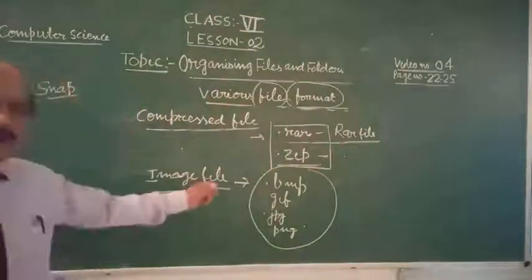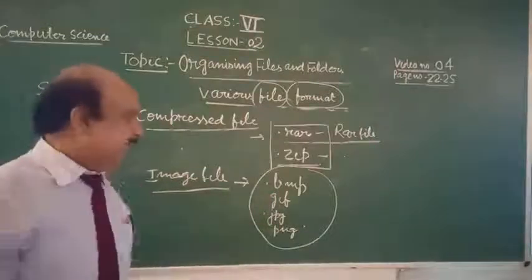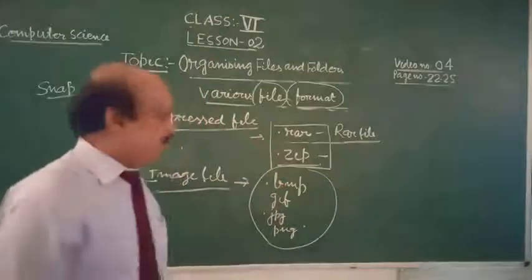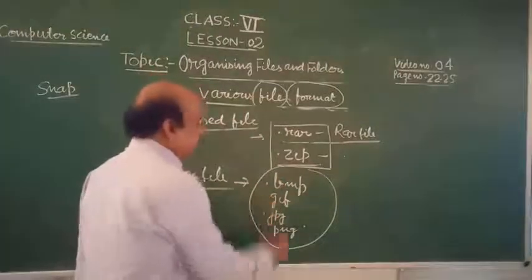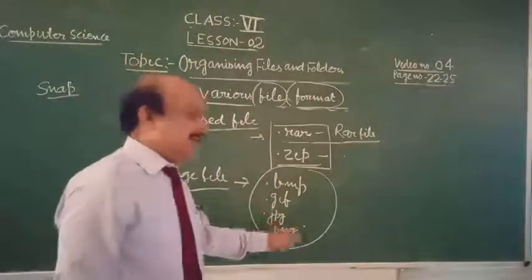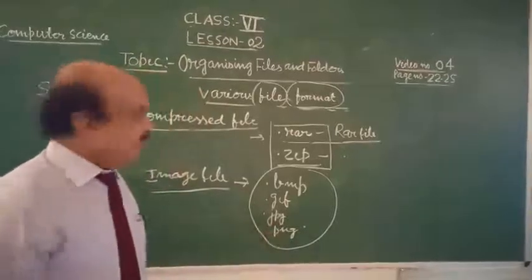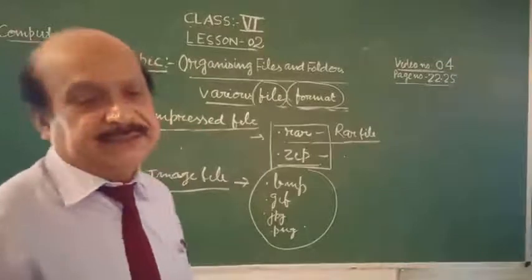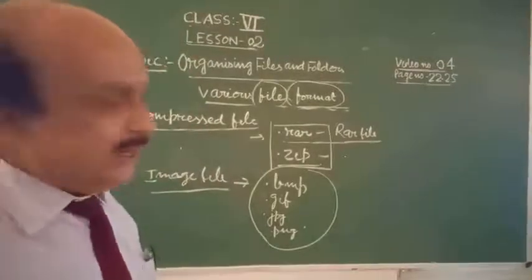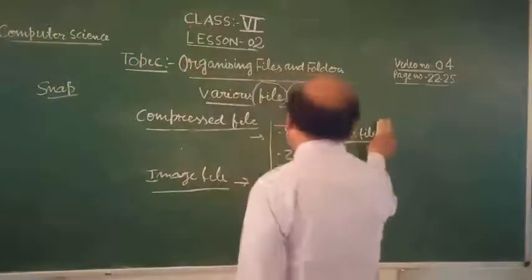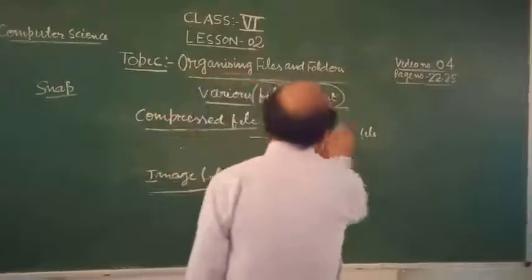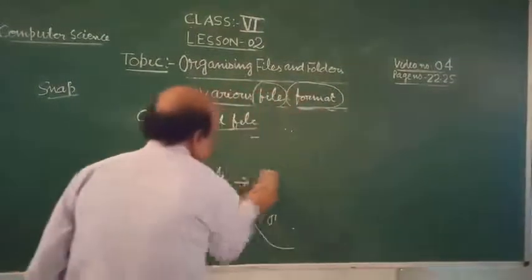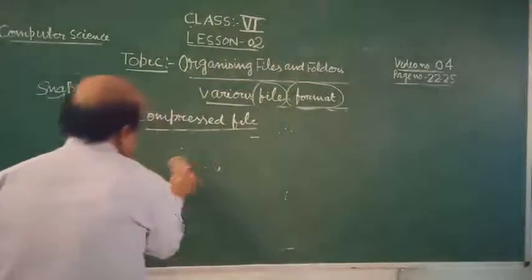So in any file, if you find the extension is .bmp or .gif or .jpg or .png, you can say these files are image files. Is that clear? By the help of the extension, we are finding which type of file is stored in the computer's memory or any storage device.